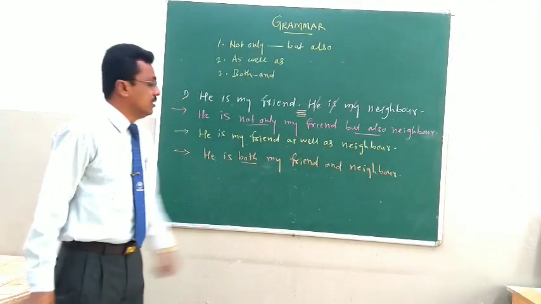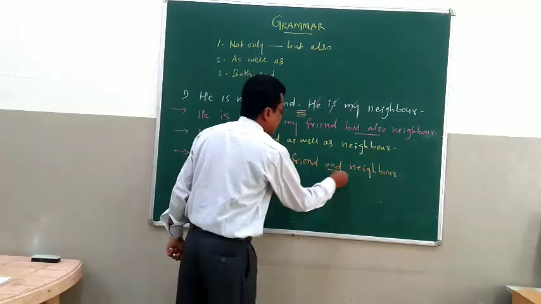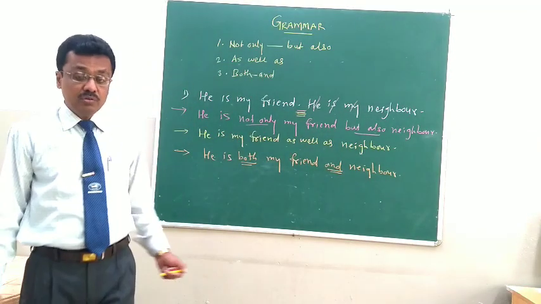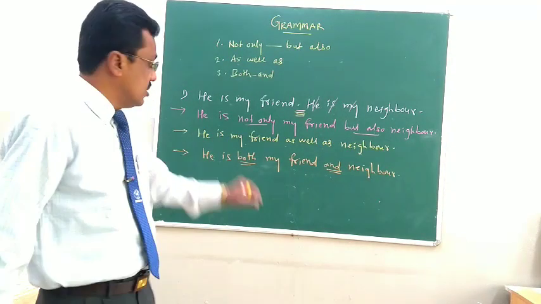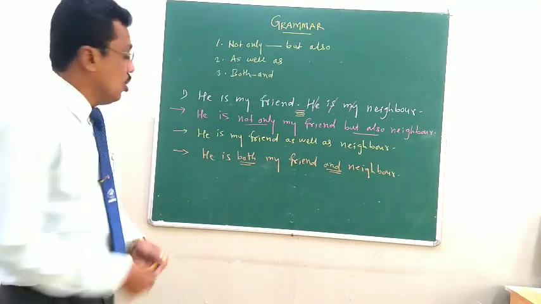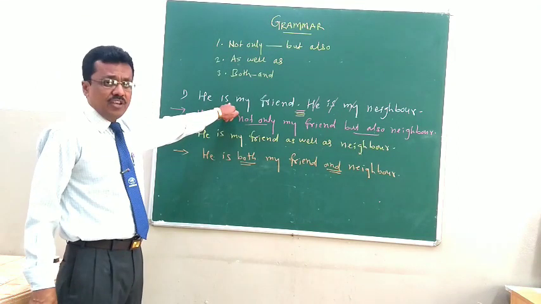He is both my friend and neighbor. So, these are the changes we have made in the particular sentence, and we have fused this sentence by using both and. So, this particular sentence is given in the examination.